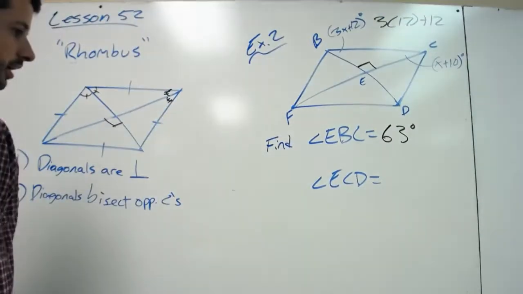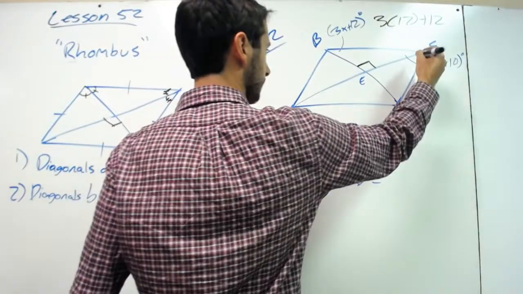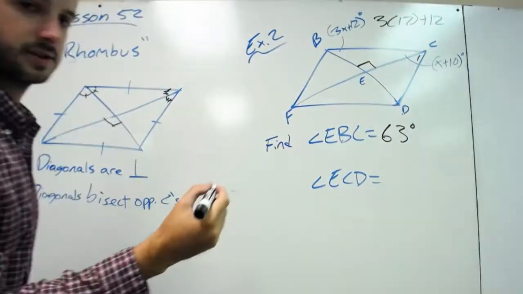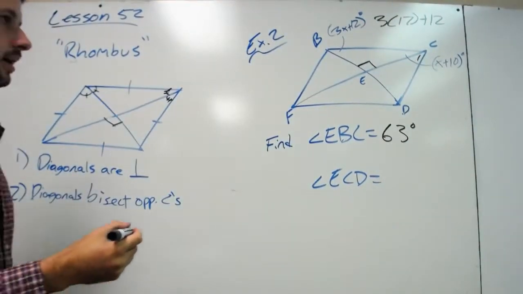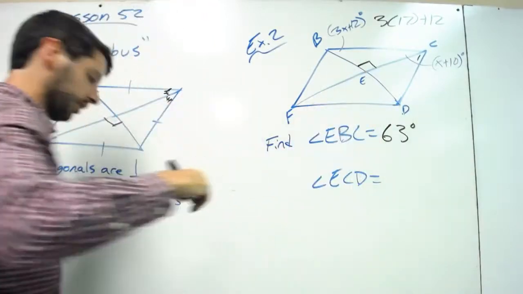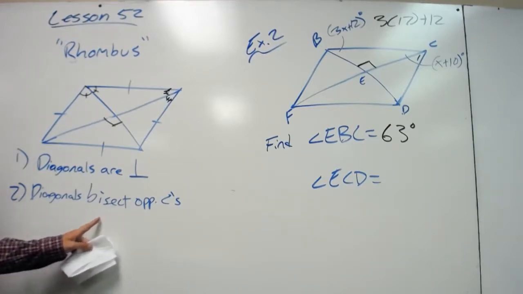Our other angle is ECD. Okay, well that's this angle. I'm going to put a little 1 there. That's what we're looking for, and we're given x plus 10 is this angle. Well, looking back at our properties of rhombuses, diagonals also bisect opposite angles.